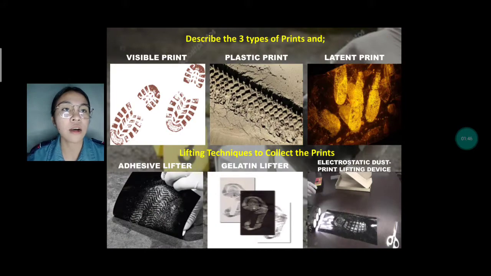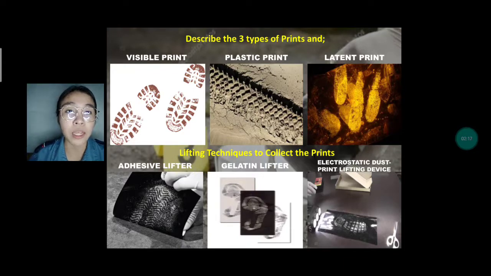And next is describe the 3 types of prints and lifting techniques to collect prints. Meron po tayong tatlo sa types ng prints, which is visible print, plastic print, and latent print. So, ano po ba yung visible print? Yung visible print po is tinatawag din siyang patent print na kung saan natatransfer yung isang material or yung print na galing sa sapatos or gulong ng isang sasakyan sa isang surface.